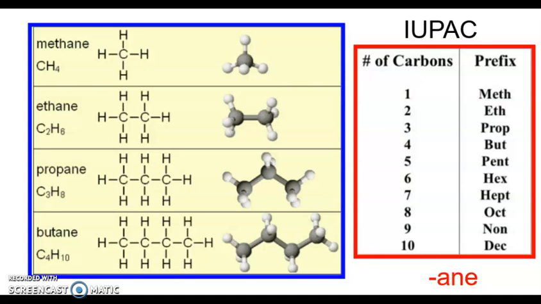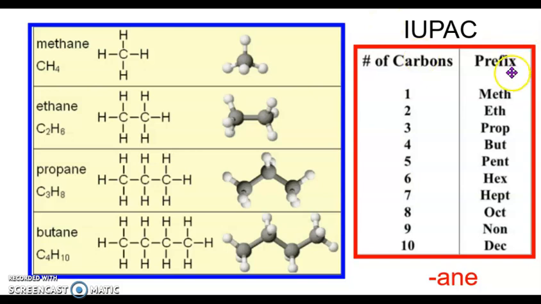So for example, you don't have a way in South Africa, and then in Britain it's a different way, and in America it's a different way. There's a standardized way of naming it, and we call it the IUPAC system. IUPAC stands for International Union of Pure and Applied Chemistry, and this is the method that we are going to use to name organic compounds.